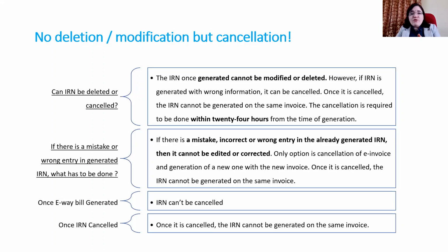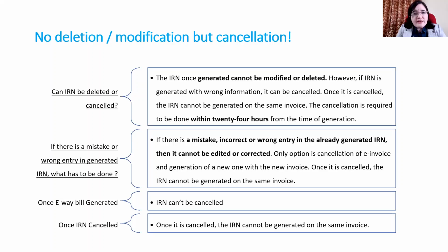So the flow, whenever you are generating, will be tax invoice, e-invoice, and then e-way bill. But whenever you are cancelling, the flow will be e-way bill, e-invoice, and then tax invoice. So it is almost the opposite flow. Second important thing is that once you have cancelled the IRN for that tax invoice, you can't generate another IRN.